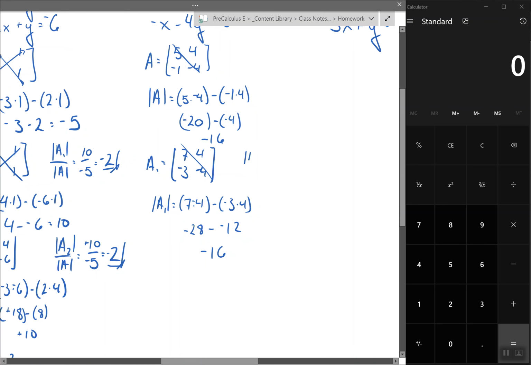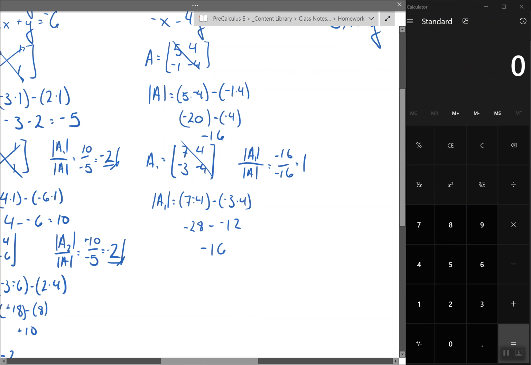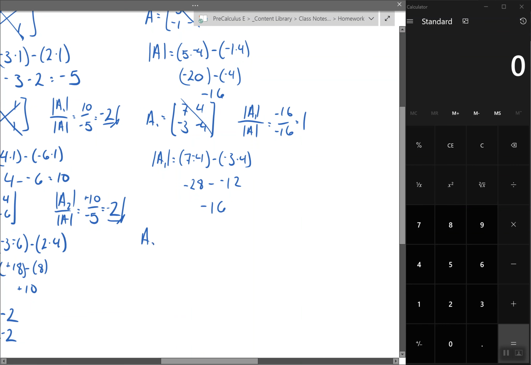Which makes our solution -16 divided by -16, or 1.